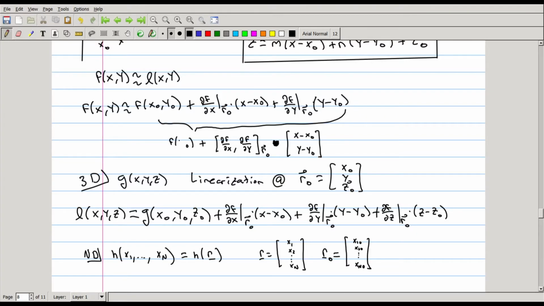And so a very compact notation for this is that the linearization of a function at a point r0 in 2D is in fact equal to the value of the function at the point r0 plus the gradient vector of the function at r0, vector dot product with the vector r minus r0.